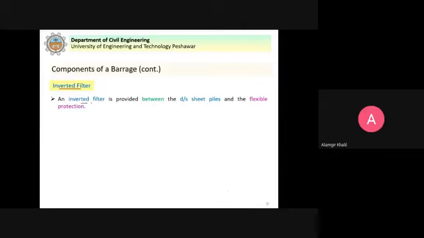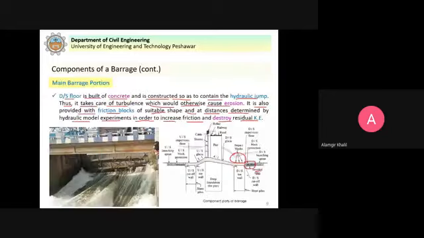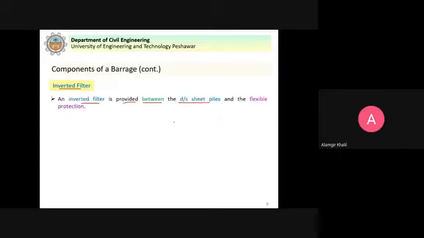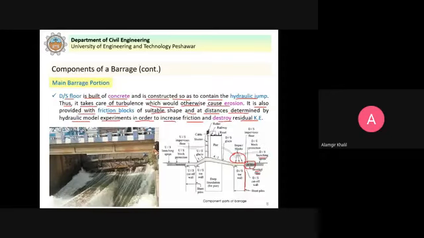An inverted filter is provided between the downstream sheet piles. You can see here we have these downstream sheet piles. And the flexible protection, that is the apron here, the launching apron. So it is provided between here, the sheet piles and the apron.